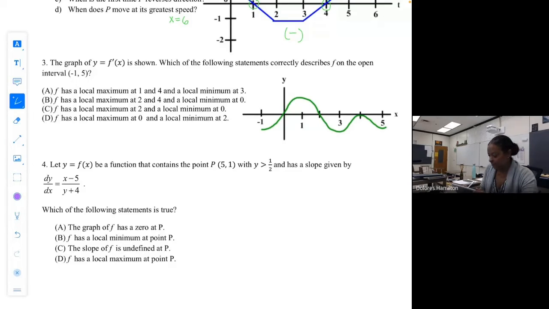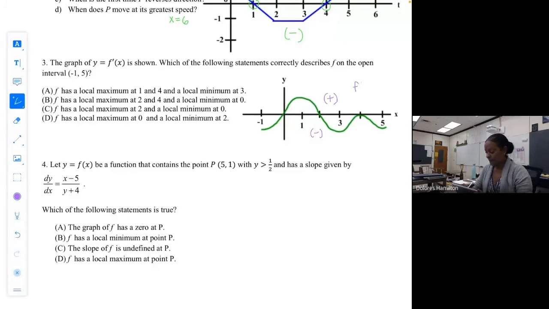So the first thing I do here is I just identify, I sometimes need my brain to just remember: below is negative, above is positive. So if they're asking me which of the following statements correctly describes f over that interval from -1 to 5, we would know that anytime that graph, f prime, goes from negative to positive, that means that f is going from decreasing to increasing.